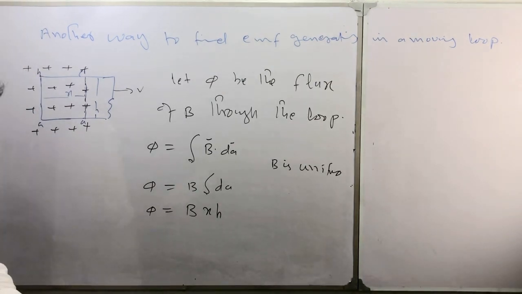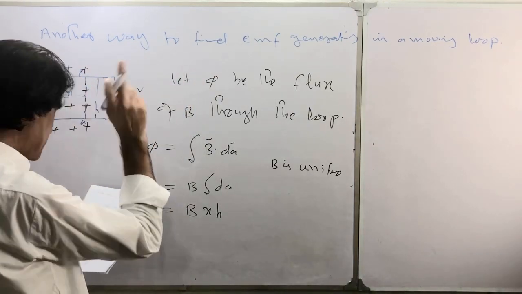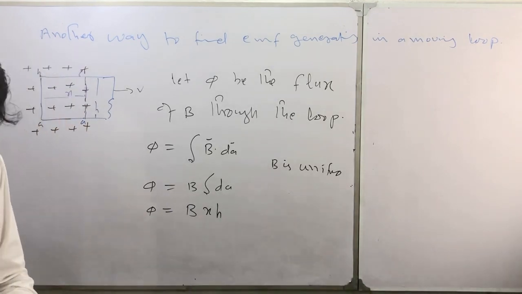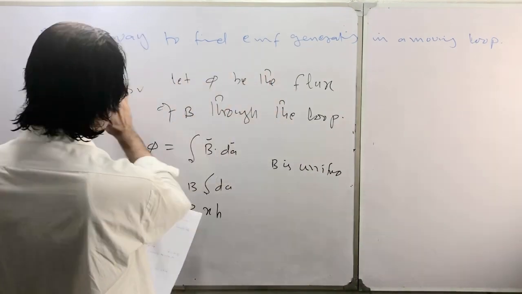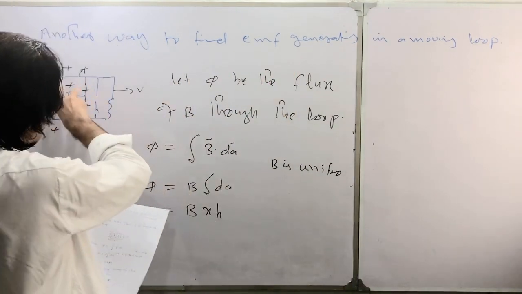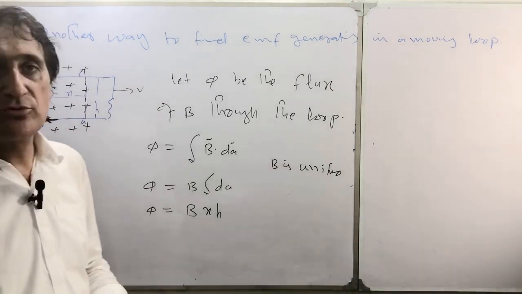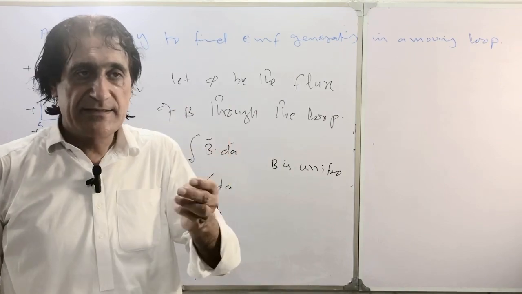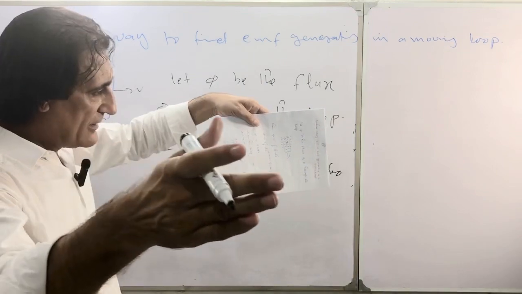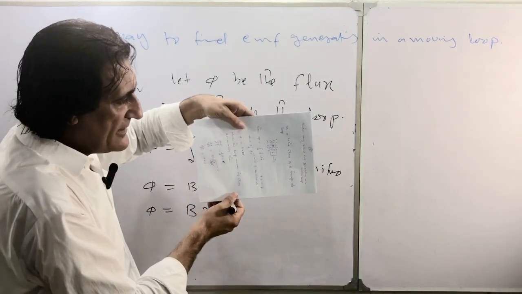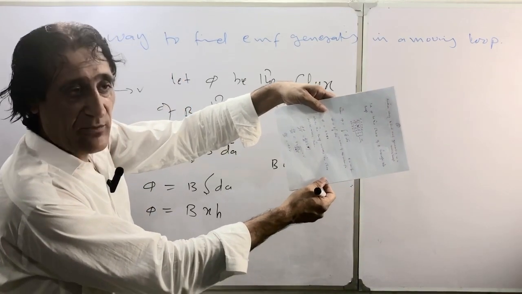When this loop moves with velocity v, then the flux must change, and the flux decreases. If the magnetic field lines are coming here and the loop is moving along this direction, then the magnetic flux changes with time.